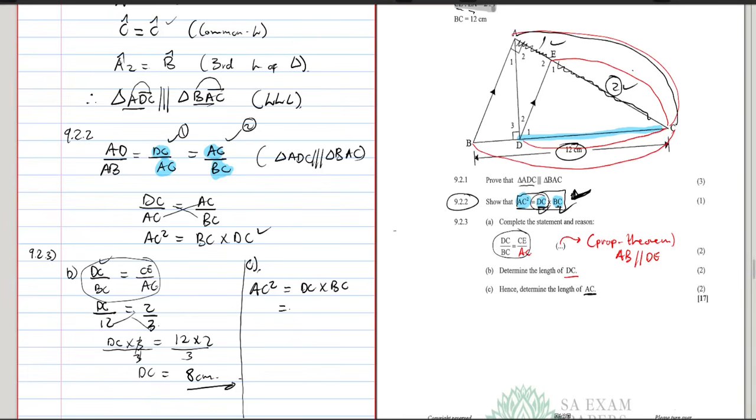DC is 8 times BC, which is 12, giving AC squared. Then AC is the square root of 8 times 12. The answer is going to be 4 square root 6. So this is the answer for AC, unless they want this rounded off.